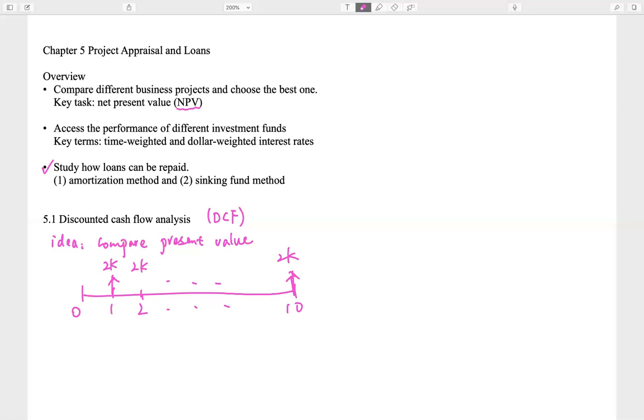Okay, and then we have another one. It's somehow quite volatile. Let's say it promised to give you 4,000 in the first year, and then gradually reduces. So let's say here you will receive, how much do you want to deduct?